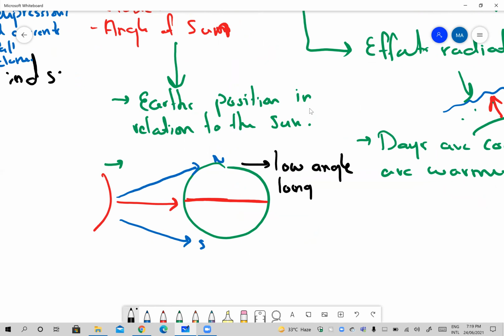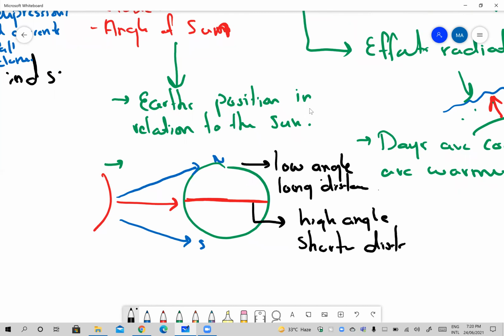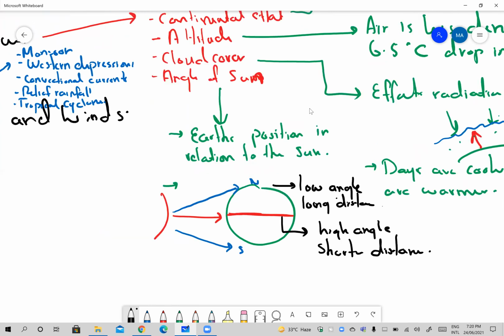So long distance between the sun rays and the actual part of the earth, and this part over here has a high angle, and because of the high angle, the distance is shorter. It's easier for the rays to reach at that point. All right, so this is what the angle of sun is.